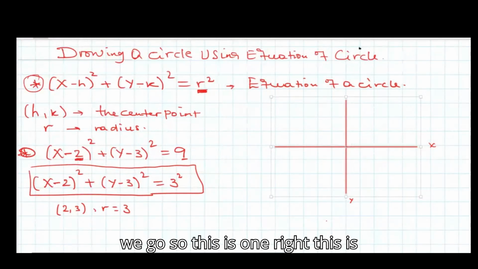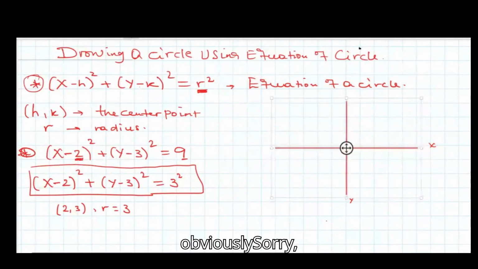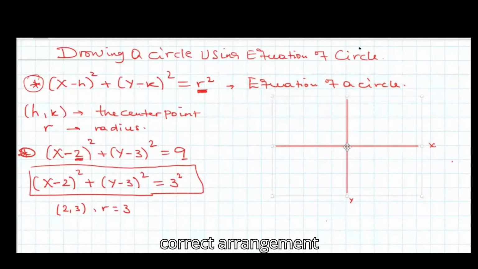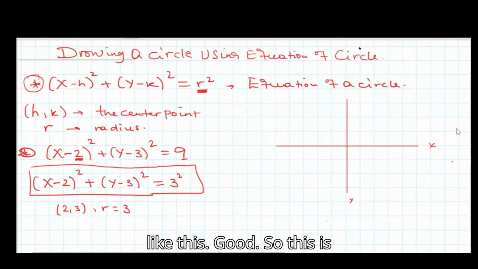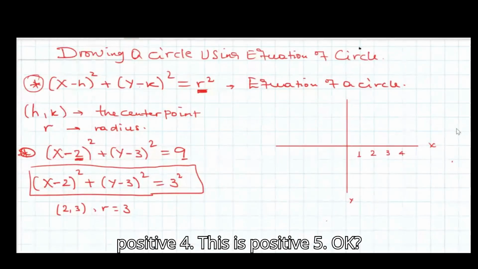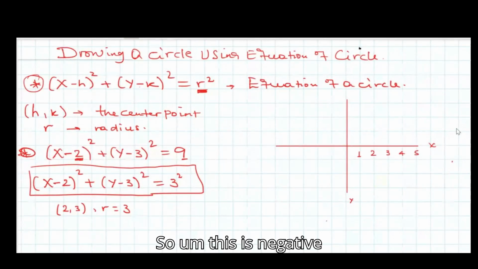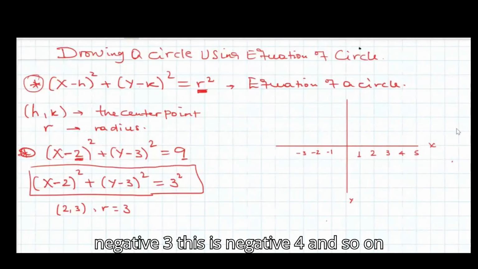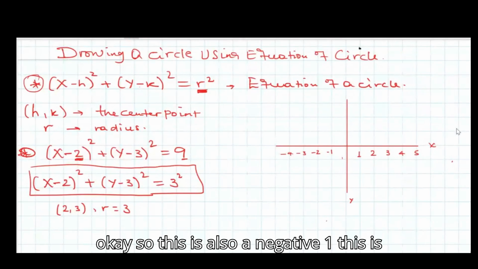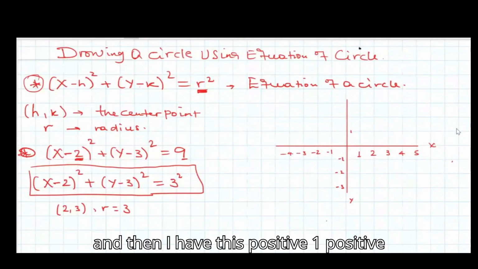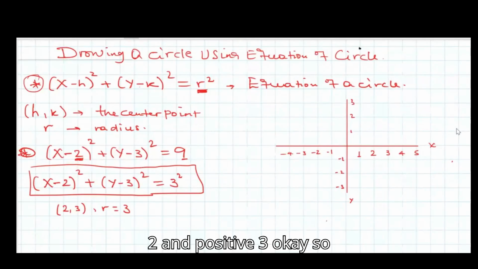Here we go. This is positive 1, positive 2, positive 3, positive 4, positive 5. This is negative 1, negative 2, negative 3, negative 4, and so on. On the y axis it is also negative 1, negative 2, negative 3, and positive 1, positive 2, and positive 3.